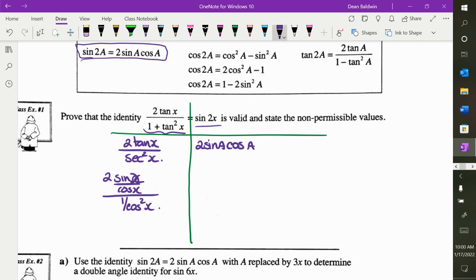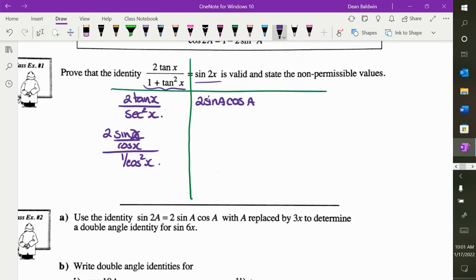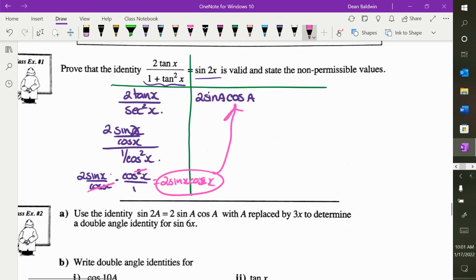What do you do? What happens? And you're left with? And you're done. I just changed them from x's to a's. That should be x's too.